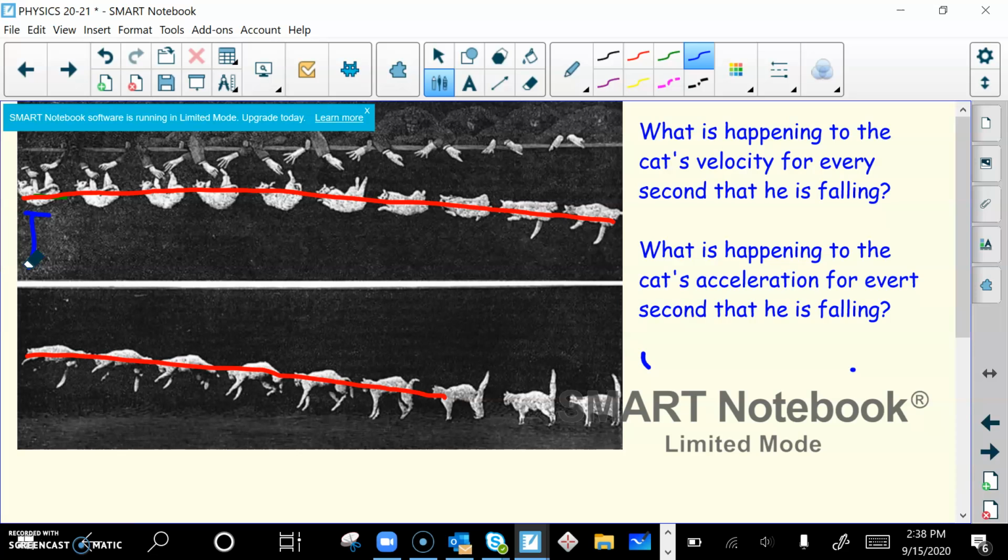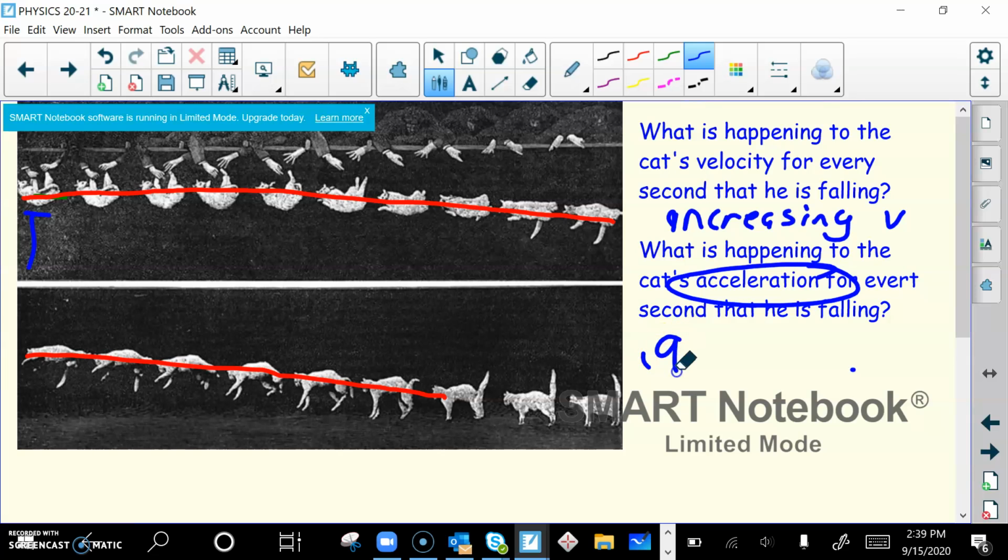Okay, so the question is, what's happening to the cat's velocity for every second that he is falling? Well, he's increasing. But the acceleration, the rate in which he's speeding up, stays the same.